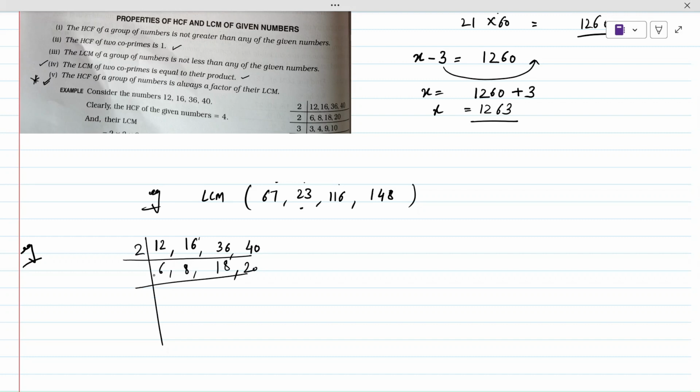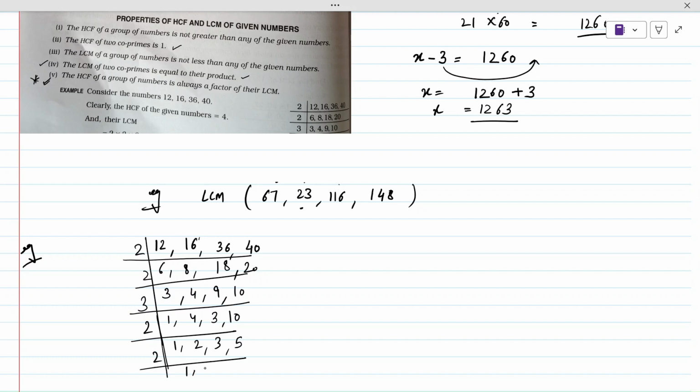After that, again I can take 2. This is 2 into 3, 4, 9 and 10. Next, I can take 3, giving 1, 4 and 3, with 10 and 4 as is. Next, I can take 2 here. We have 2, 3 and 5.